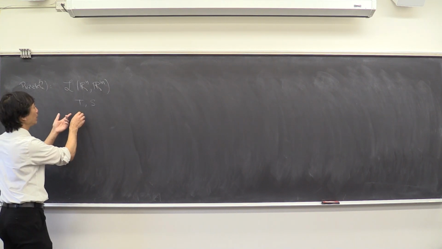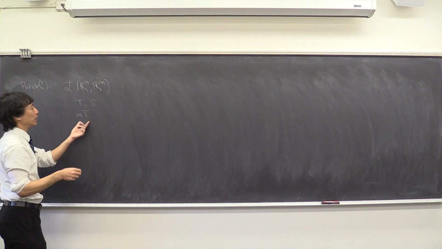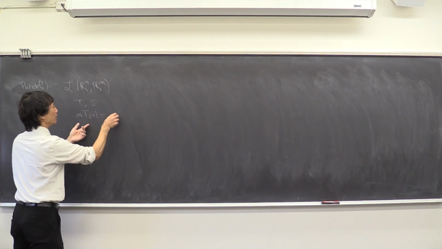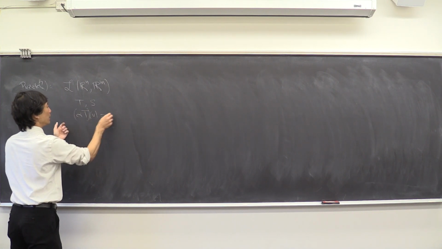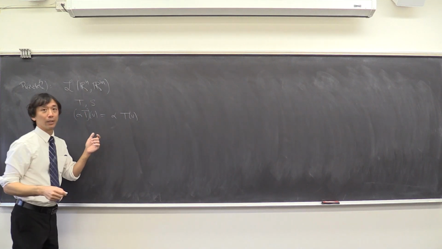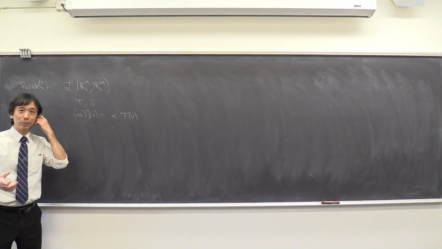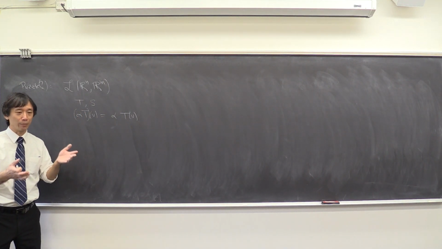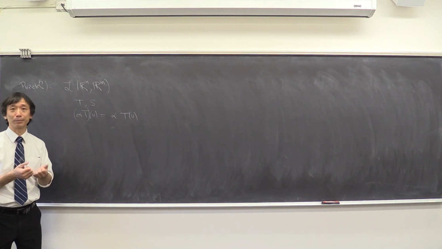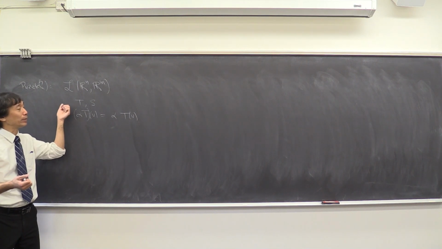And you can define the multiple of a linear transformation by saying that A times T takes B to A times T of B. I hope it seems intuitive that linear transformations are things that you can add together and scale. So that's a vector space.